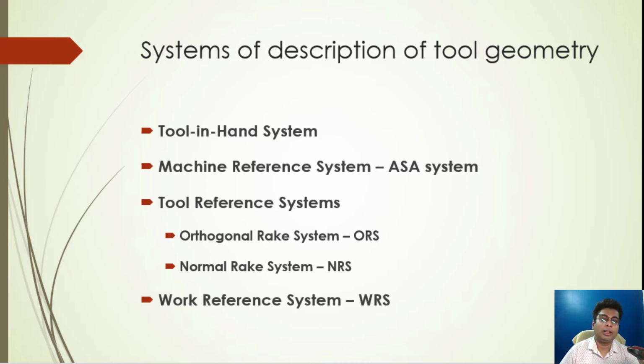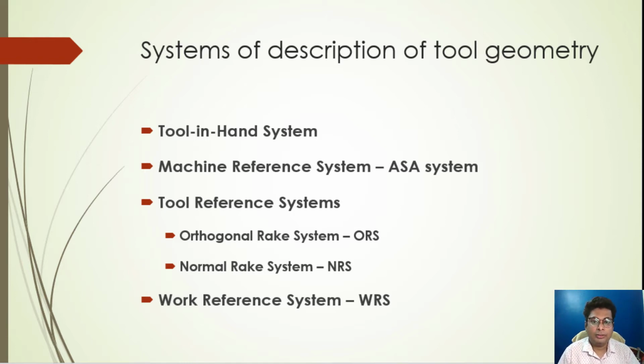It does not talk about, say, the DPI setting of the mouse, or how we can control it. It is not that detailed. So tool in hand system is basically as simple as holding a tool in your hand and naming it in a very normal, standard way.